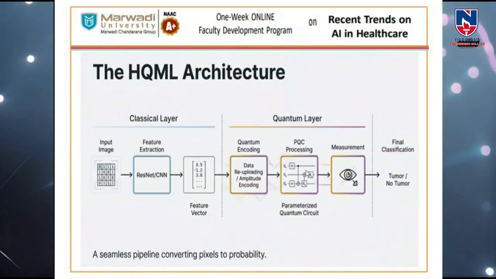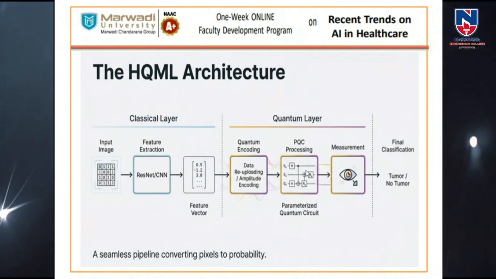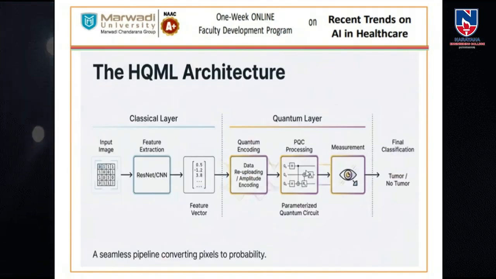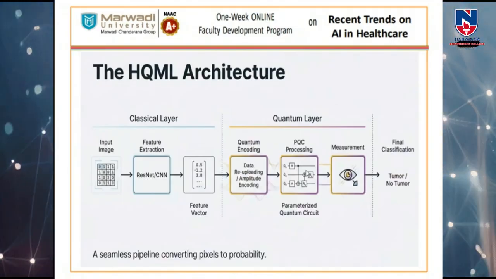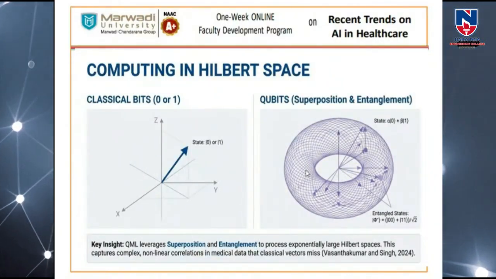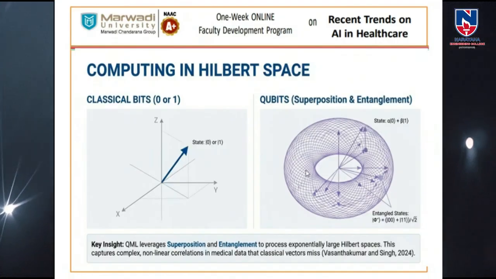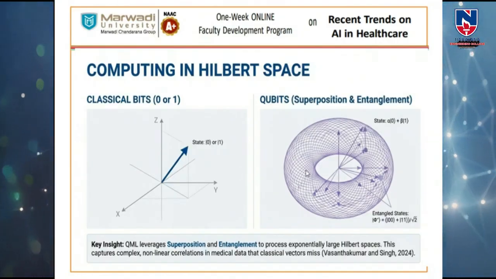Overall, this hybrid framework combines the strengths of classical deep learning and quantum computing to enhance decision making in healthcare applications. Right, this is where the computing takes place, the classical bit versus qubits.